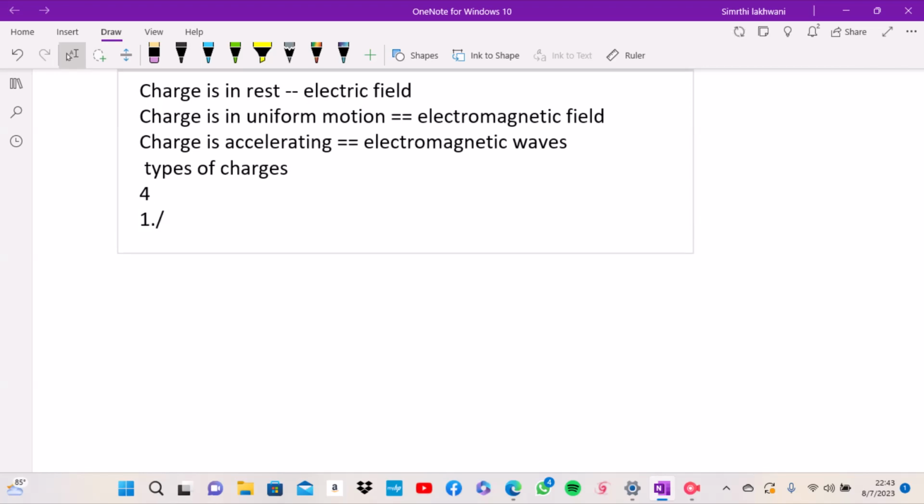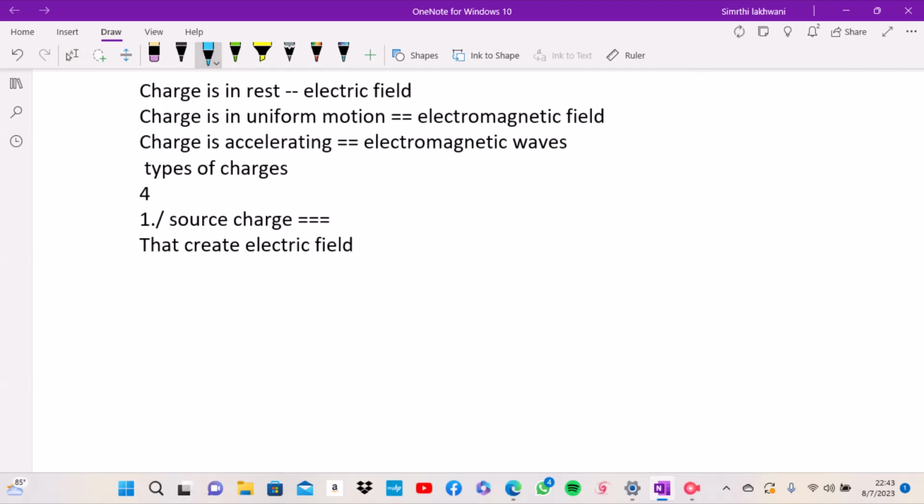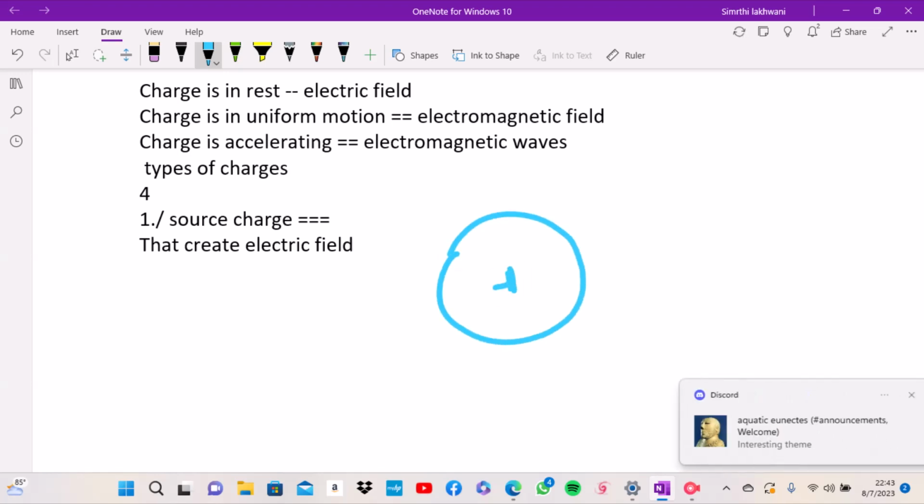Now if we talk about the types of charges, we basically have four types. The first one is the source charge. The charge which creates an electric field is known as a source charge. For example, consider that this is a positive charge.